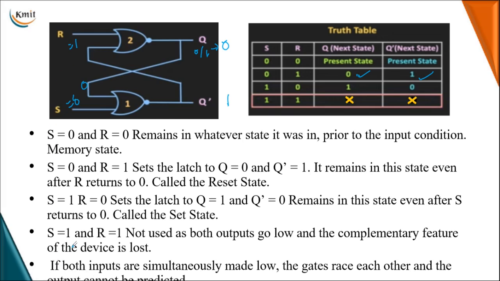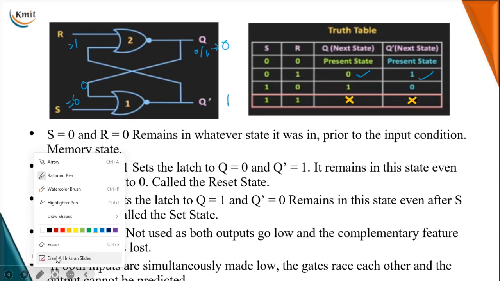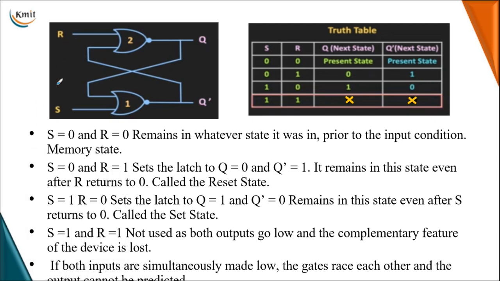Next, if my inputs on the set input and reset input are 1, 0, so here the S input is 1 and the reset input is 0. The present state is 0 or 1, so the complement state must be 1 or 0.